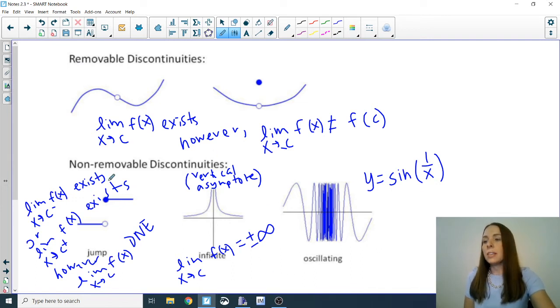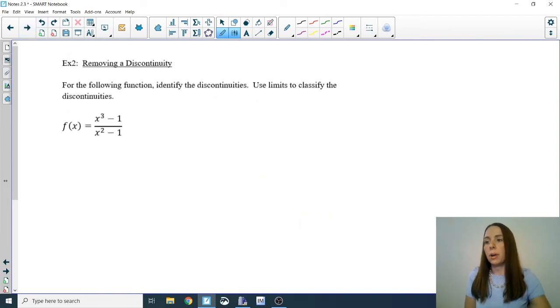So let's take that information and apply it to some examples where we're not just looking at a nice graph that clearly shows where our discontinuities are. We're going to have to dig a little bit deeper into an equation of a function to see where the discontinuities are and then what types they are. Okay, so in example 2, we are looking at a function and we're asked to identify the discontinuities.